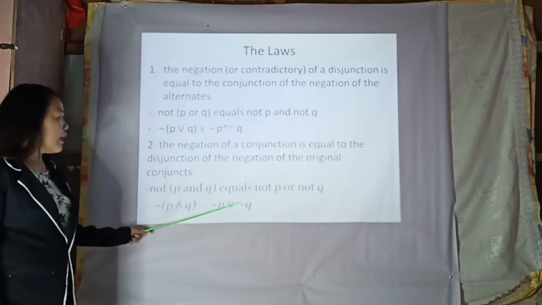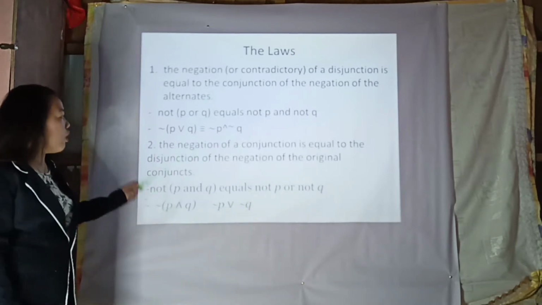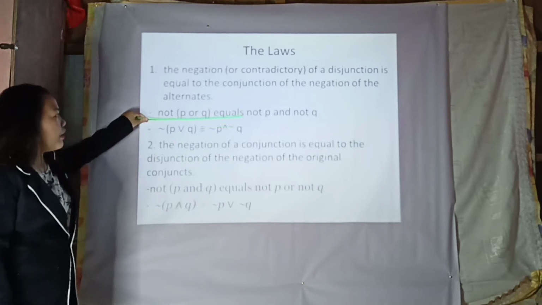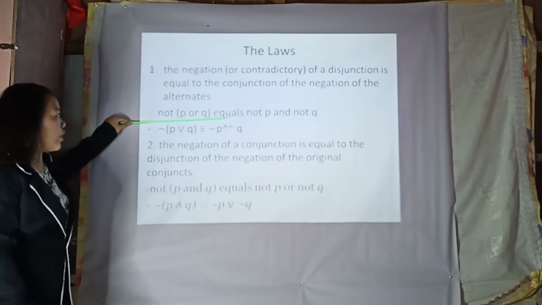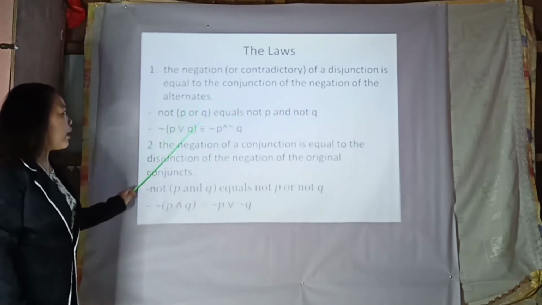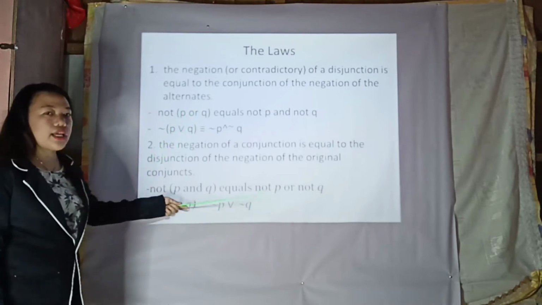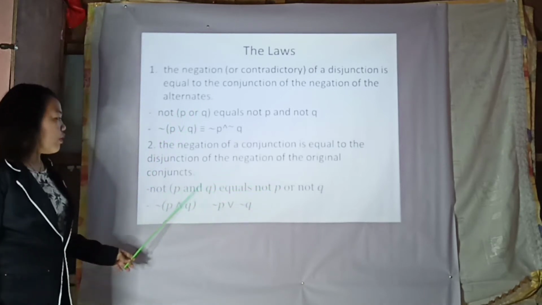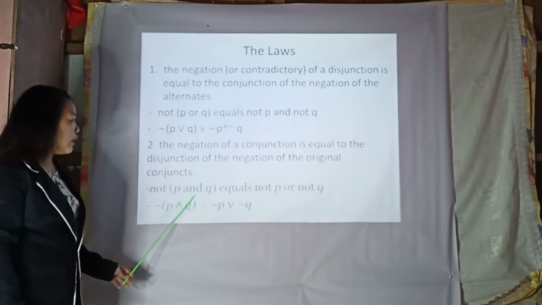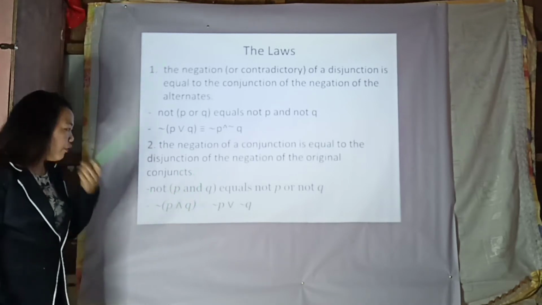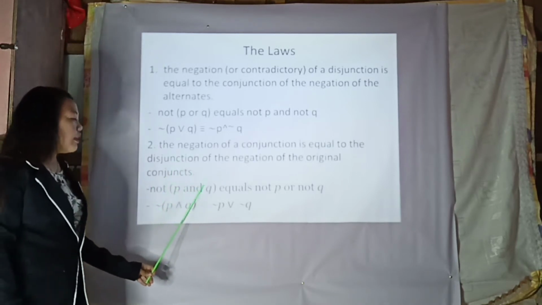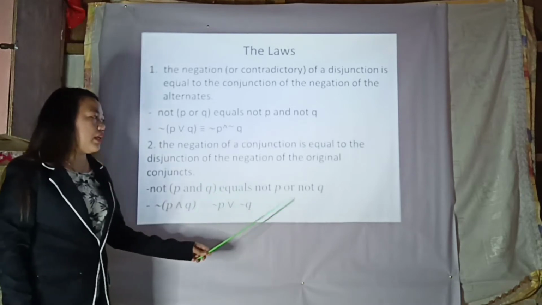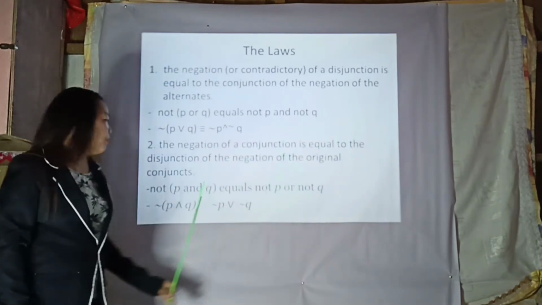So this would be the difference between the two laws. In the first equation, they are using "or," and the second equation will be using "and." Therefore, not (P and Q) is equal to not P or not Q.